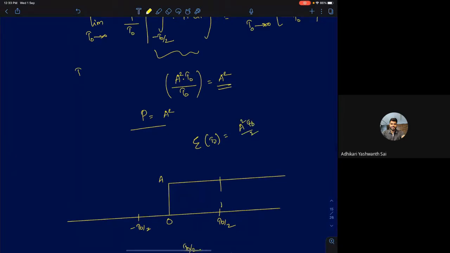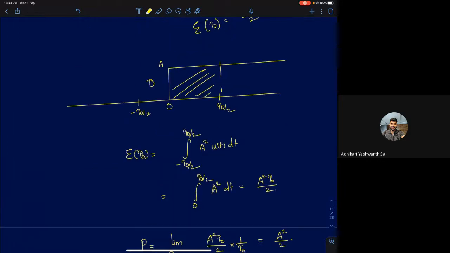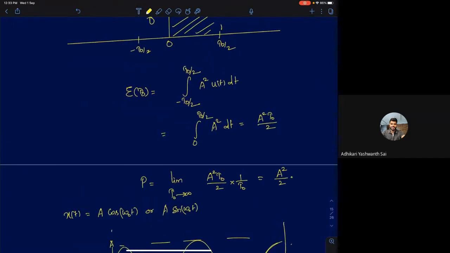It's finite only for t naught by 2. Here it is 0. So it will only be half of what you got for a constant DC signal. So it will be A square t naught by 2, and divided by t naught. You divide this by t naught, you will get A square by 2. So that will be your power of a step function.